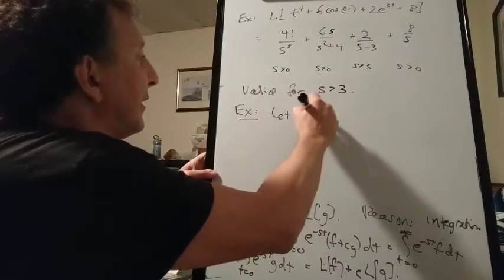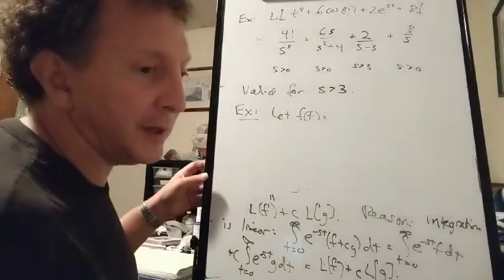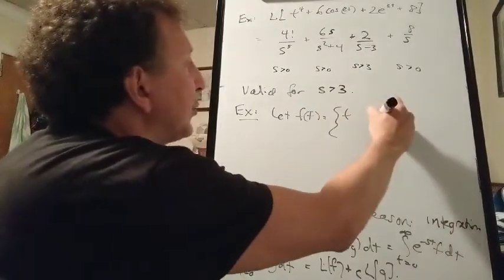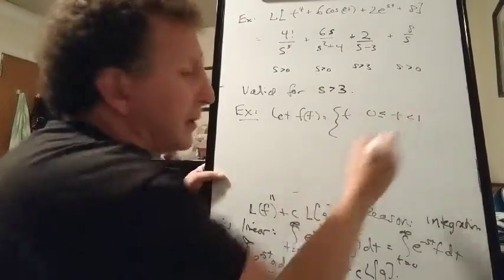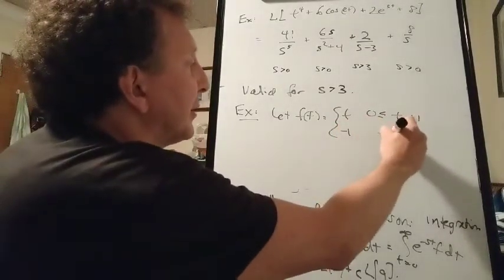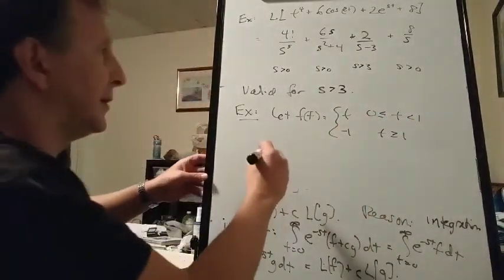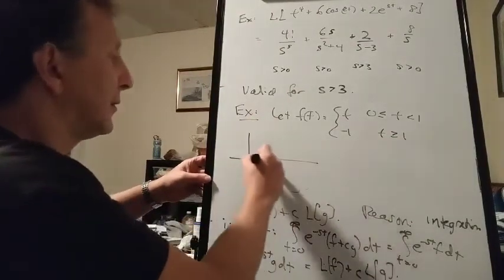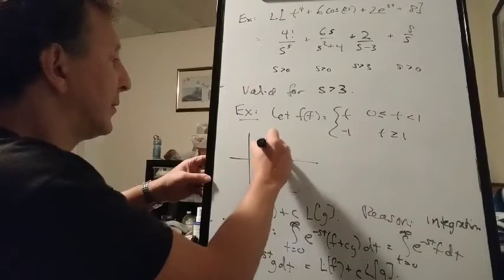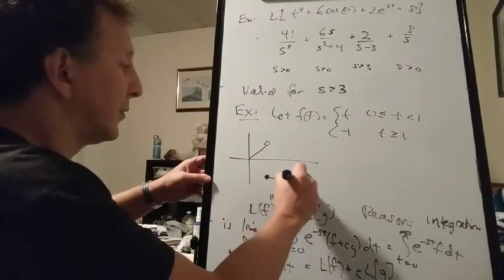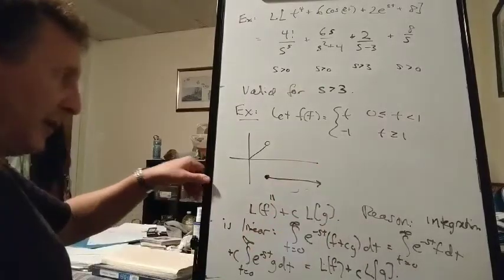Let's let f of t be t when t is between 0 and 1, and let's let it be negative 1 for t greater than or equal to 1. So f looks like this.